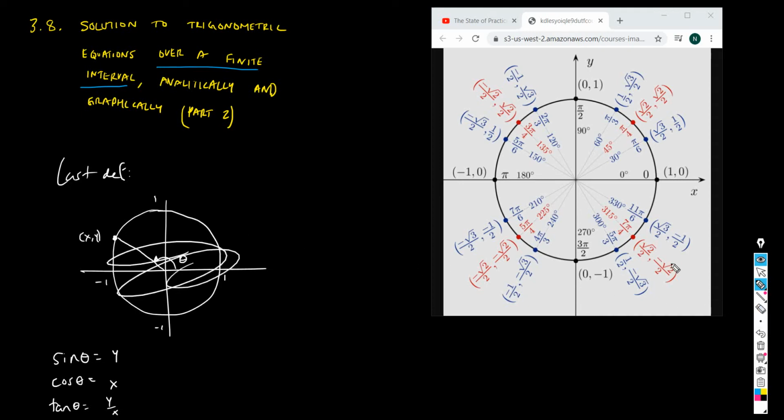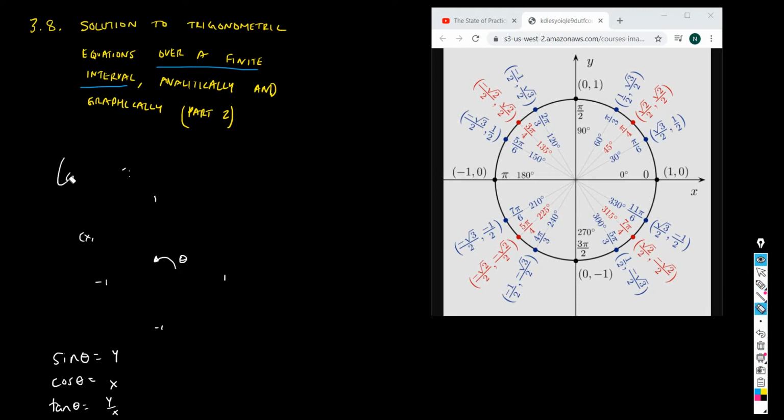Okay, so basically, when you look at, well, give me a moment, please. Let me erase everything. When you look at this image, basically what this image conveys is this, guys. For example, let's look at this angle of 150 degrees. Remember, we have to get used to the radian conversion of this angle, which is 5 pi over 6 radians. And the point that this angle intercepts in the unit circle is this, minus the square root of 3 over 2, comma 1 over 2.